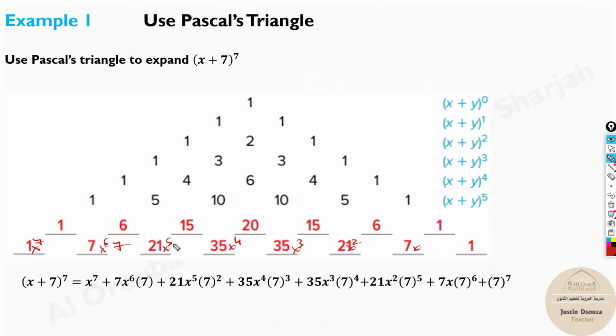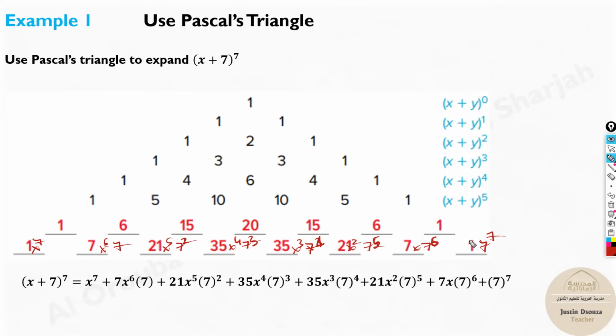Then multiply this by 7. 7 power 1, 7 power 2, 7 power 3, 7 power 4, 7 power 5. I have made a mistake again, a silly one. This is 1. This should be 2, 3, 4, 5, 6, and 7. There was a comedy of errors which I did. I'm sorry for that, but this is the final answer.